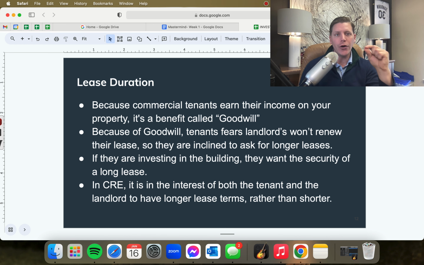But also the goodwill of their clientele. Like going back to Dr. Smith, if for whatever reason I, as the landlord, decide to say, hey, Mr. Smith, your lease is up. Sorry, got to kick you out. And he's got to go across town. If he had 1,000 clients, imagine, 1,000 clients as a dentist probably isn't a lot or a little. But what happens to him if he has to go and move across town?